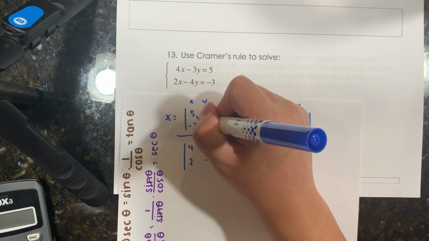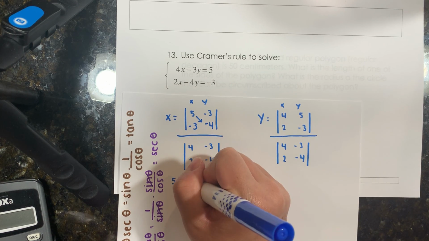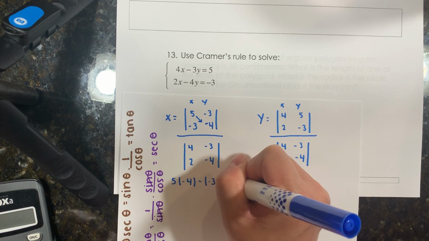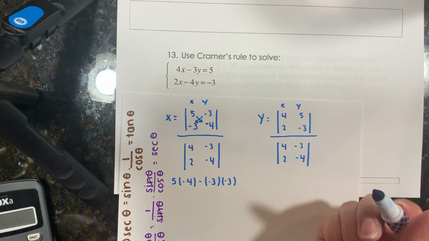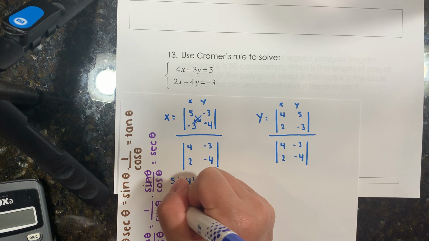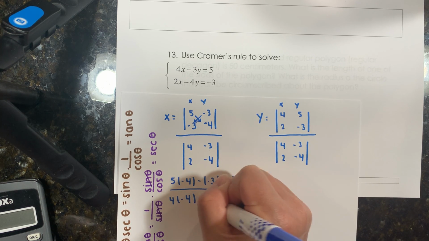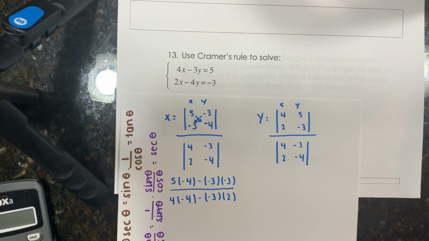Now we're going to multiply top left times bottom right. So 5 times -4 minus -3 times -3. So top left, right times bottom left. Same thing over 4 times -4 minus -3 times 2.